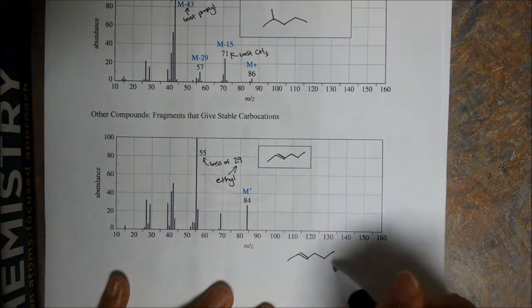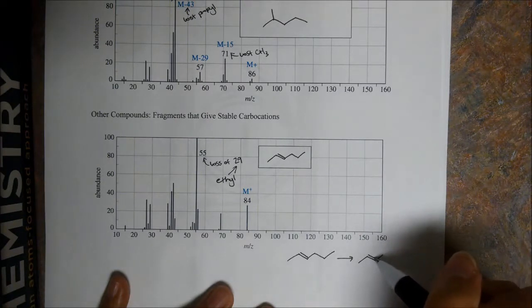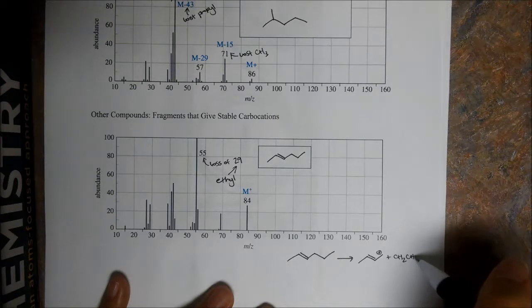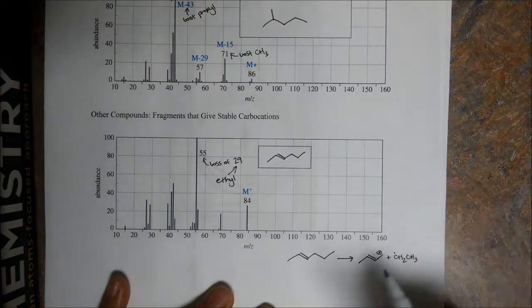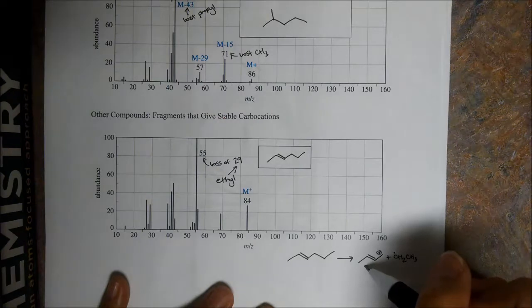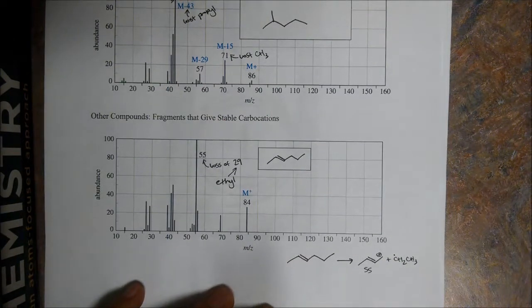Because if this fragments in this way, we just lop off that ethyl, we get this nice allylic carbocation. What is this stabilized by, everybody? Resonance. So this is a stable carbocation, so it makes sense that we would lose that ethyl as the most common ion. This has a mass of 55. So it makes sense that this is our most common ion because it's very stable.